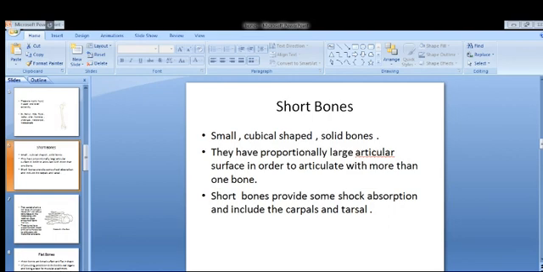Because if the weight is carried at one place, it may lead to pressure, and that pressure may damage the area. That is why the structure is such that it distributes the weight, and the shock is transferred to the other segments related to it.